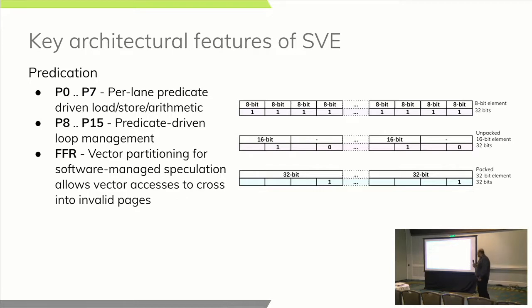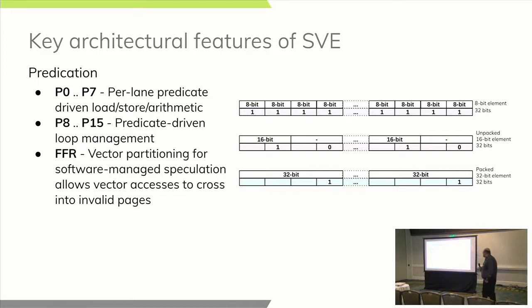So there are 3 types of predicate registers. They are basically used interchangeably, except for the first fault register, which is our 16th predicate register, and it is used for memory accesses which cross page fault boundaries, where we need to speculatively tell which load inside the vector register caused that problem, and then save the state up till that point.